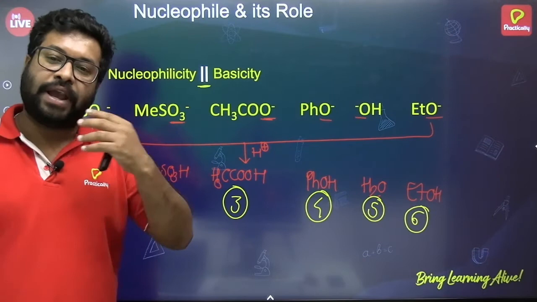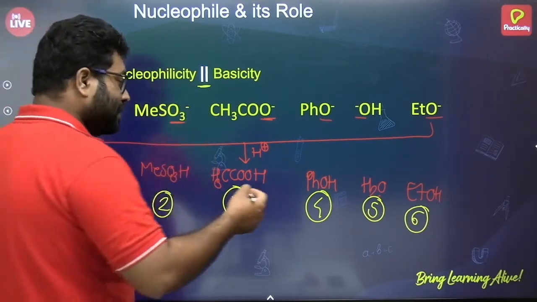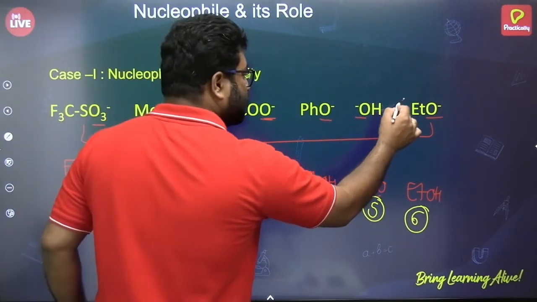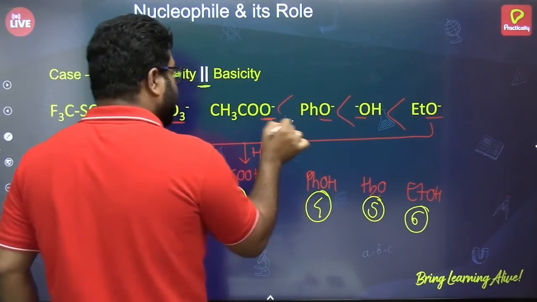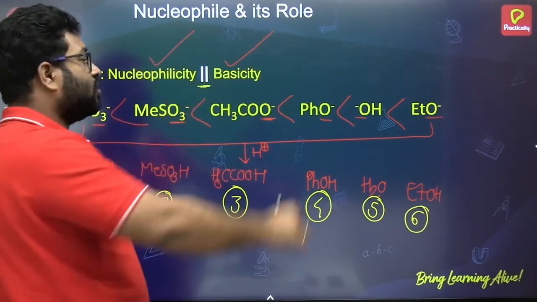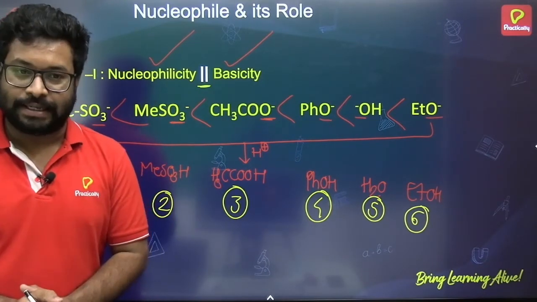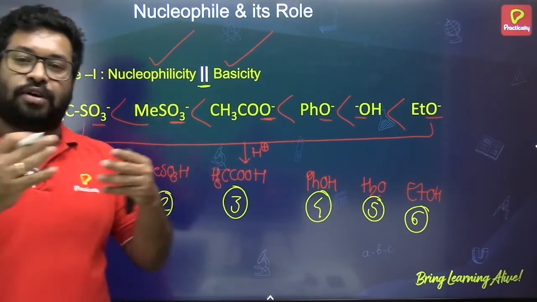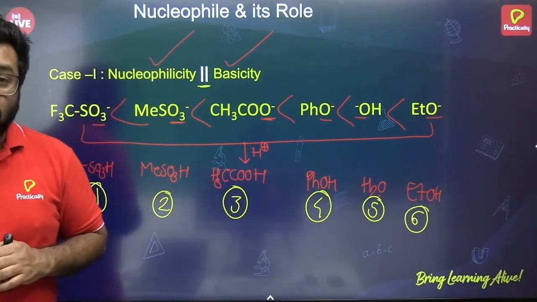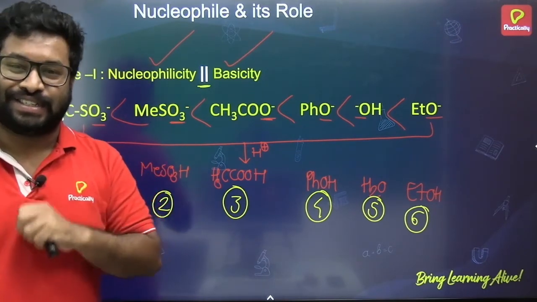That means the base formed from ethanol should be the strongest base, and it is the strongest base actually. So this order is of basicity as well as nucleophilicity. Since the nucleophilicity was paralleling the basicity, whatever be the order of basicity, the same order should be for a nucleophile also when you have the attacking atom same.